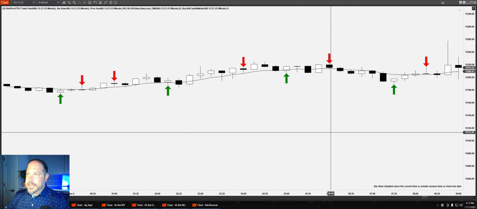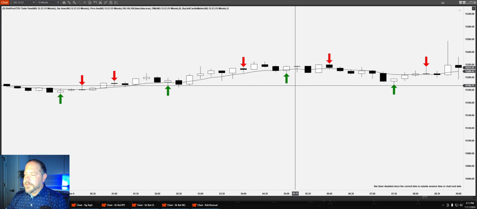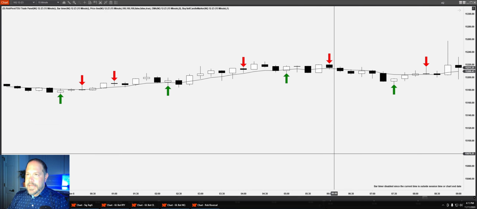I had an indicator coded for me maybe a year and a half or 2 years ago, and I used it to visually see my setups occurring in real time. That's why you see these red arrows and green arrows. Do you need this indicator? Absolutely not. You can follow my strategy and you do not need this whatsoever.